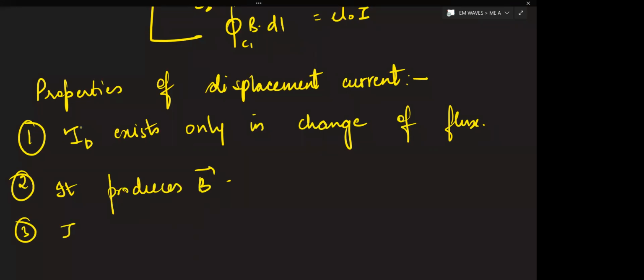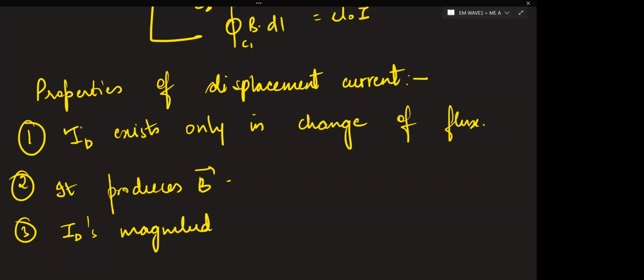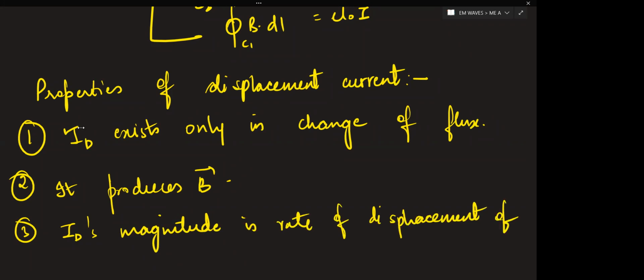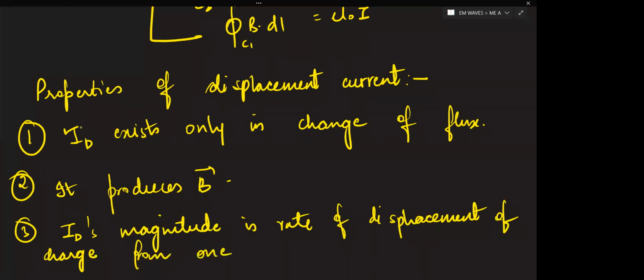Third point you have to remember: the magnitude of displacement current, the strength you can say, is equal to the rate of displacement of charge from one plate of capacitor to the other.